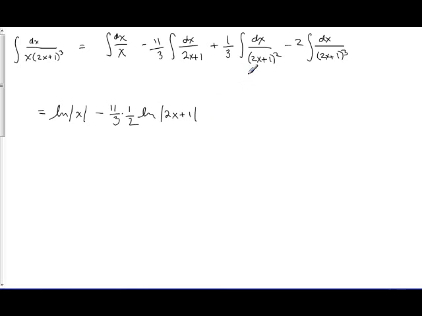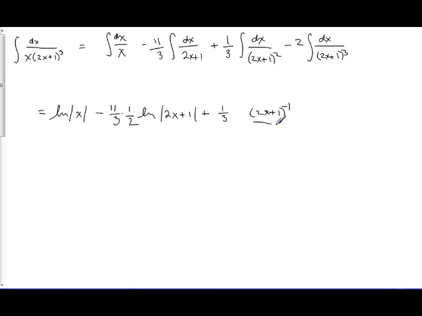Now, this other one is actually 2x plus 1 to the negative 2, right? That's just a power function when I do the u substitution, u equal 2x plus 1. So I just get here plus 1/3 times 2x plus 1 to the negative 1, right?